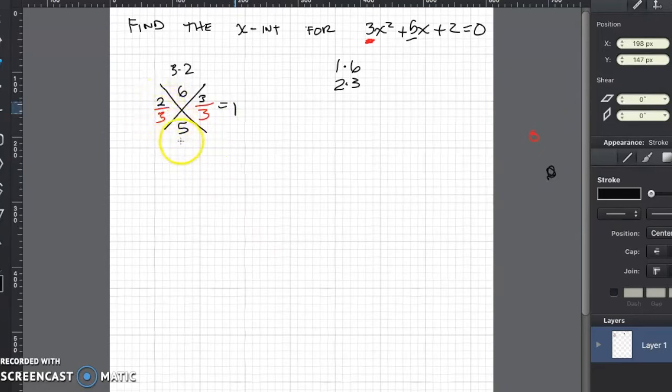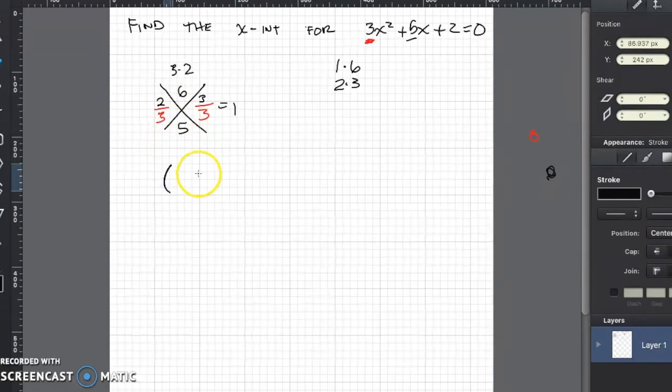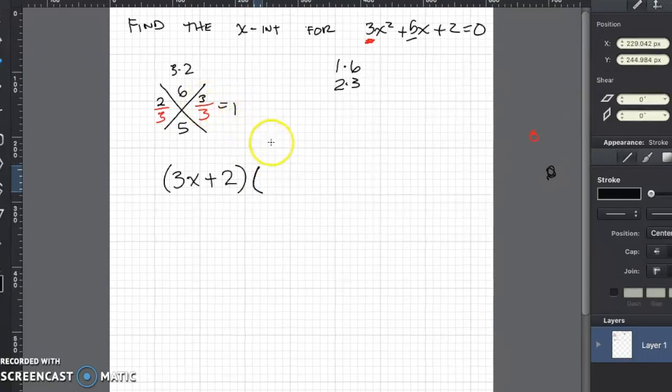And then I'm going to put these factors into my two factors. When it's a fraction like this, I'm going to put the top number in front. So 3x plus 2. And this one's simplified to 1, so there's no top number. There's just 1, so x plus 1.